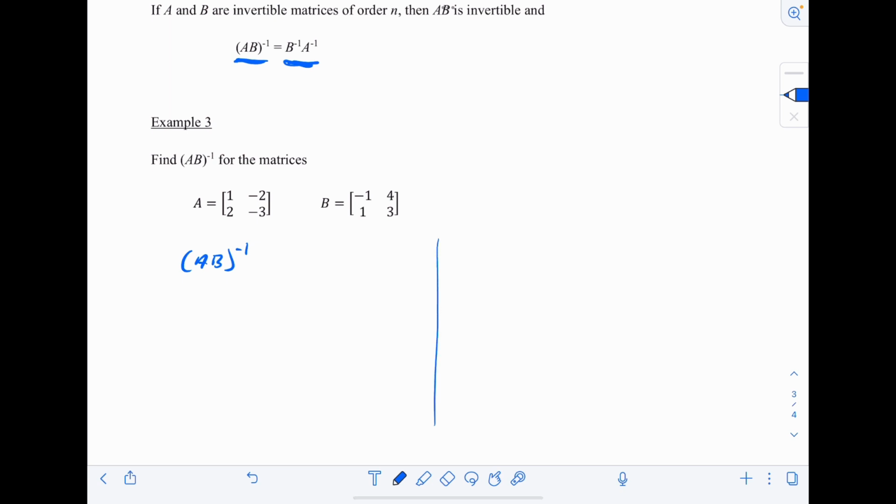Then I want to do the same thing, but take the inverse of A and B first and then multiply them together, just to illustrate that, if we do this correctly, we should get the same results.